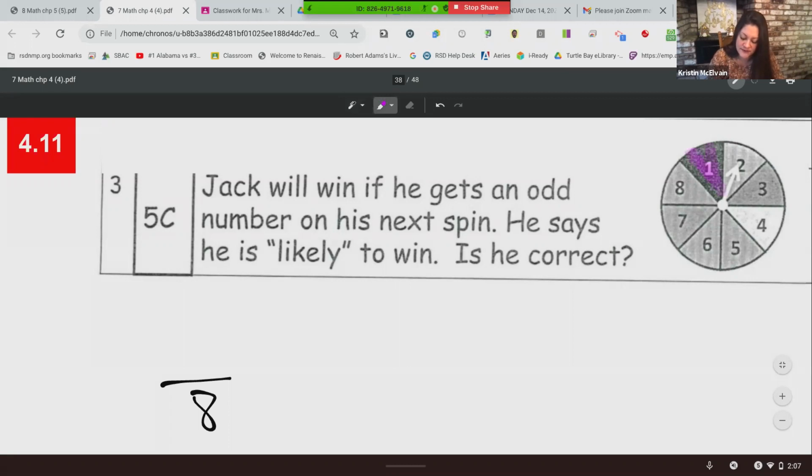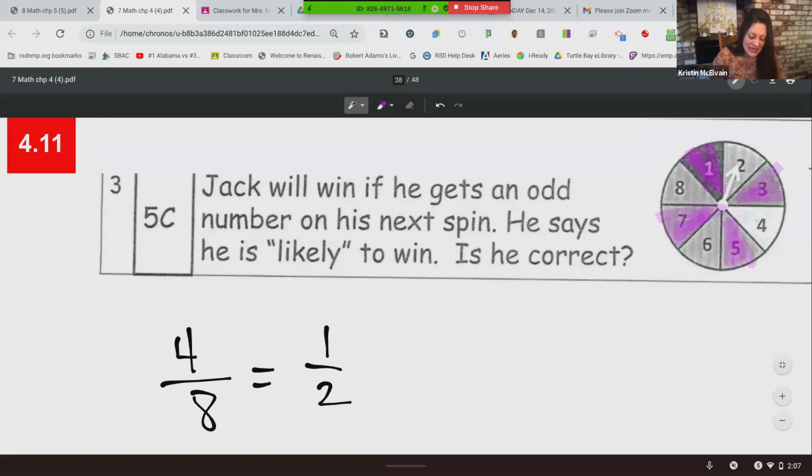We have 1, 2, 3, 4 odd numbers. Okay, so if we have 4 out of 8 are odd, well, 4 out of 8 are even. They both have a probability of 1/2. So he says he's likely to win. Is he correct?